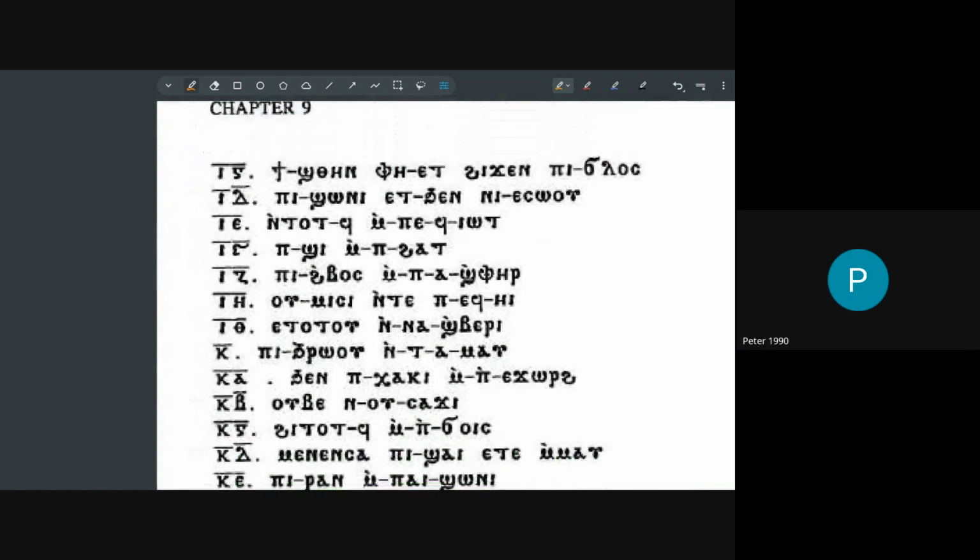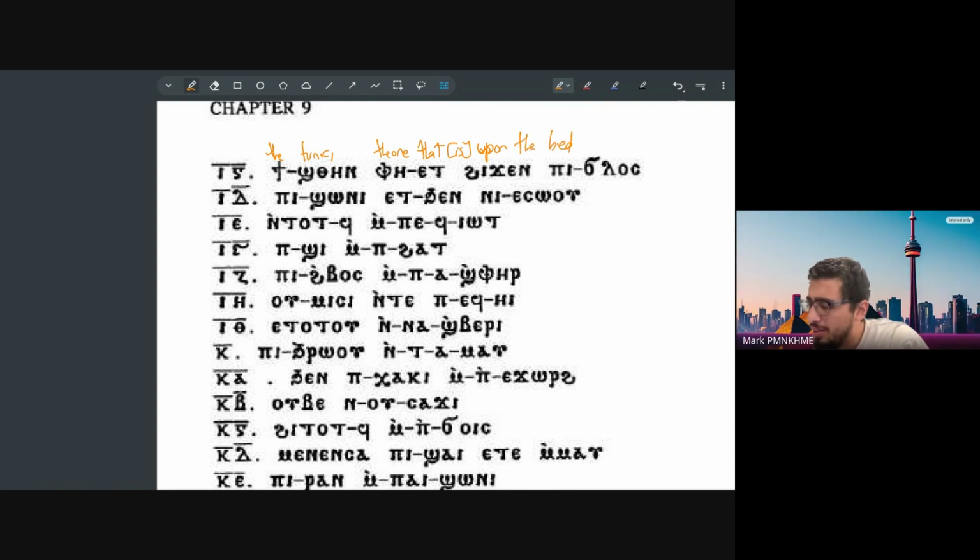There we go. I think we got it. Tunic, the one that is on beach. If it's like shlol, it will be like chair or bed. I think it's bed. I think it's shlol, but I could be mistaken.